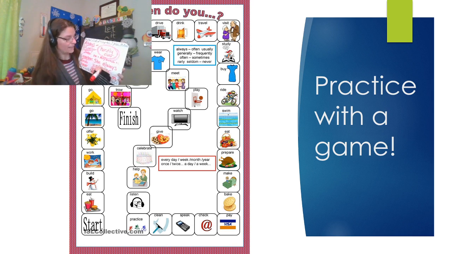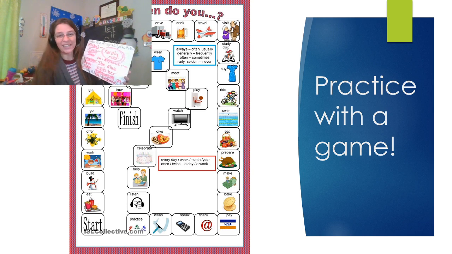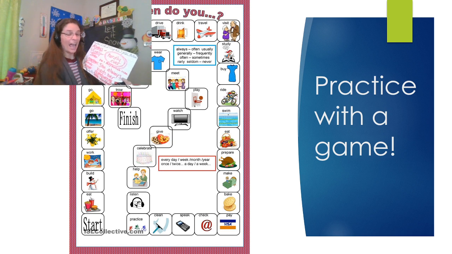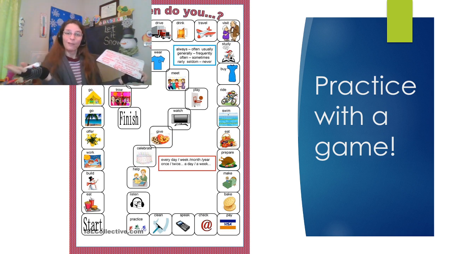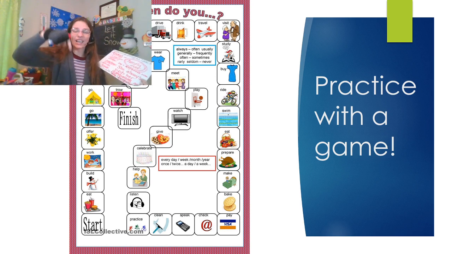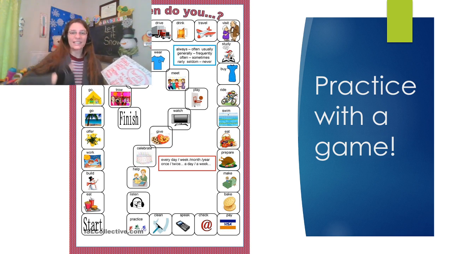She always visits her grandparents on the weekend. Okay, very good. How often do you visit your grandparents? Write a sentence and leave it in the comments below so I can tell you you did a good job.